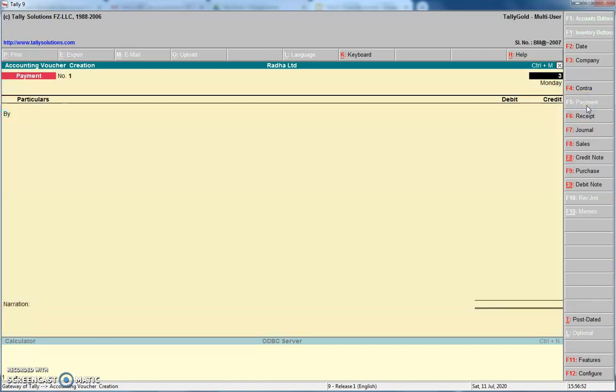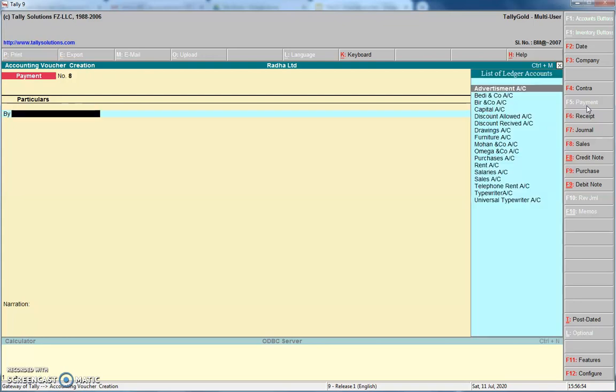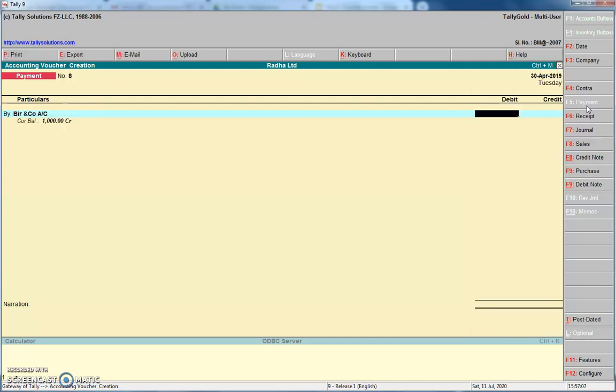The date is 30th April. The entry is Beer and Co account debtor to cash account and discount received. So we have to select Beer and Co. How much is the amount? Here 1000.